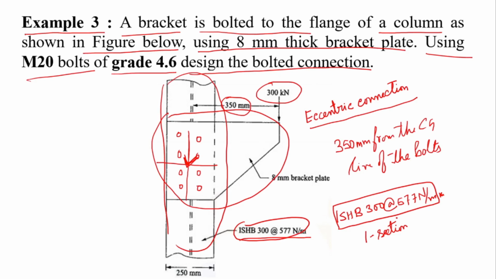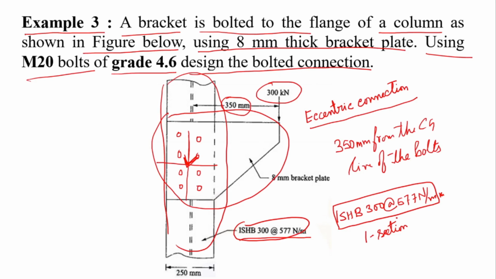It may be I section, channel section, T section, etc. Based on our requirements, we will purchase that particular section and use it in our construction. In this connection, as a column, ISHB 300 I section is used.